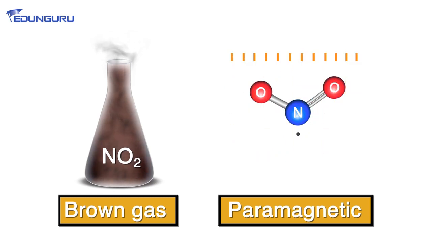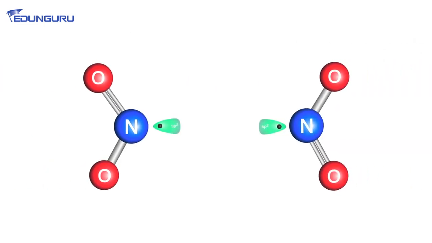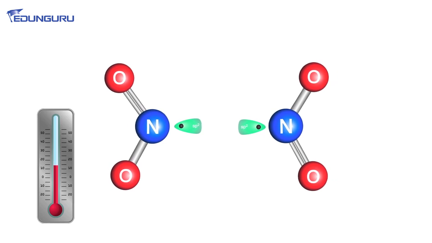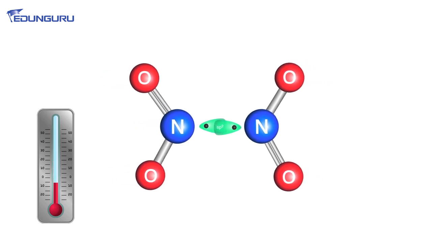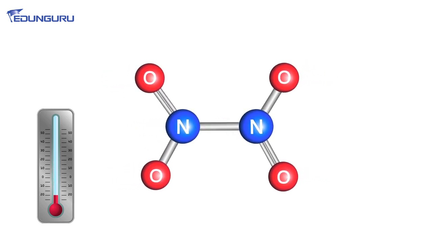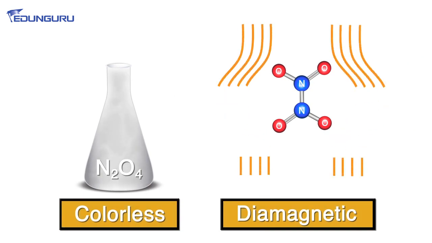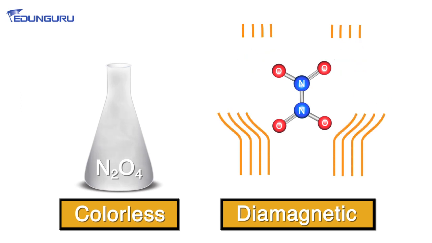Now, if two NO2 molecules are brought together, as we bring the temperature down from room temperature to lower and lower, they come close by and make a bond, and this becomes N2O4. Surprisingly, in the N2O4 molecule the unpaired electron is lost, it is not there. So, N2O4 is diamagnetic, since there is no unpaired electron, and it is colorless.